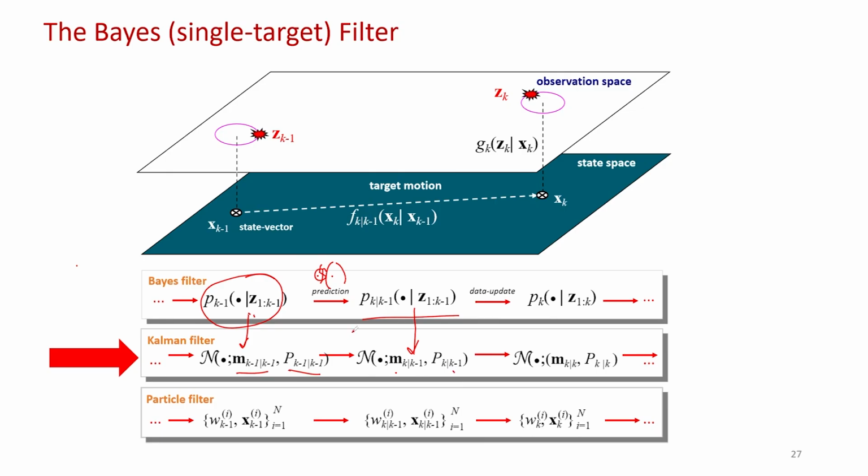Then my measurement at that time instant k is inserted here and I get another estimated distribution with another mean and another covariance. So, this is the Bayes filter and Kalman filter. If you read it properly, they are kind of the same. Particle filter you just ignore, it is a different context, I won't go through it here.